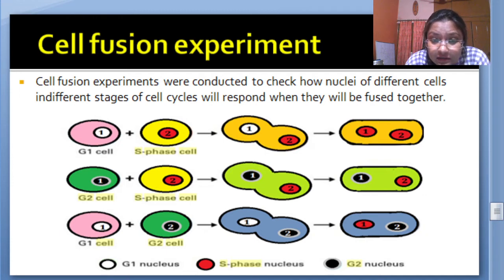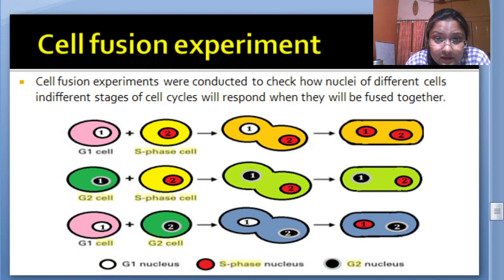The nuclei of both the cells jumped into S phase. Cell 2's nucleus was already in S phase, already red colored, but this S phase cell induced the G1 phase cell to enter into synthesis phase. So the nucleus of the G1 cell also became red in color. Number 1 is indicating the G1 phase cell, and 2 is indicating the S phase cell.